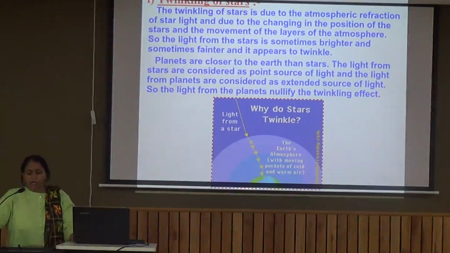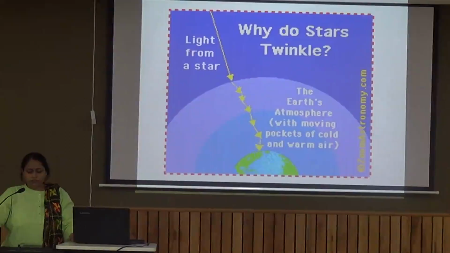Whereas planets are closer to the earth than the stars, the light from the stars is considered a point source of light, and the light from the planets is considered an extended source of light. So the light from the planets nullifies the twinkling effect.